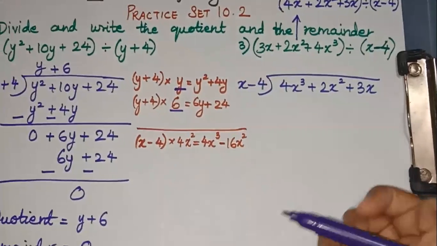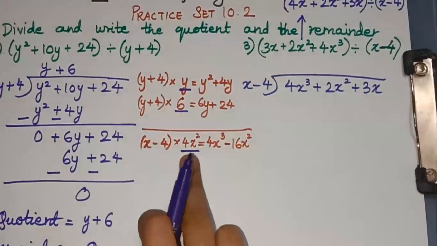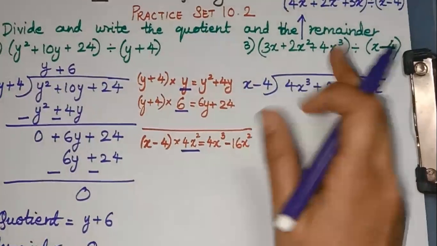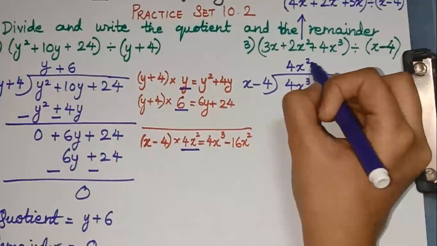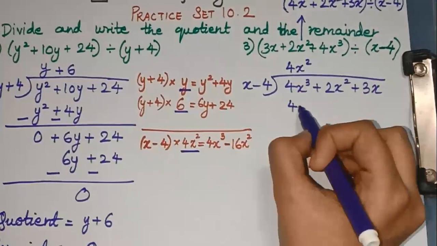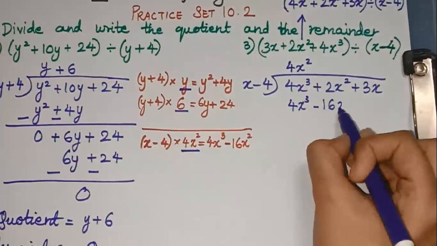Okay, so this is your term that is to be written in the quotient. Okay, so I am writing 4x square over here, and the answer here is 4x cube minus 16x square.